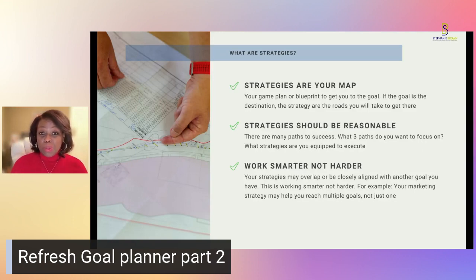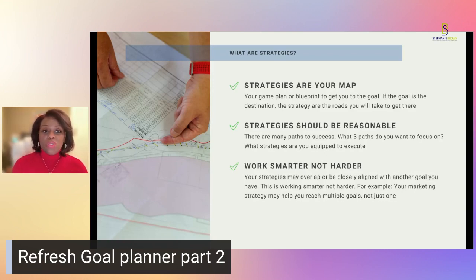So keep it simple. I'm going to give you examples that include 3 strategies and 2 goals. But remember, do what's best for you. And you can use parts of the planner until you feel comfortable using the whole thing. But I'm explaining how you can use it all together.